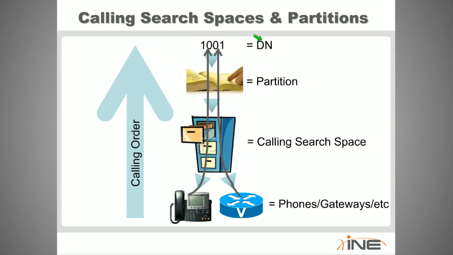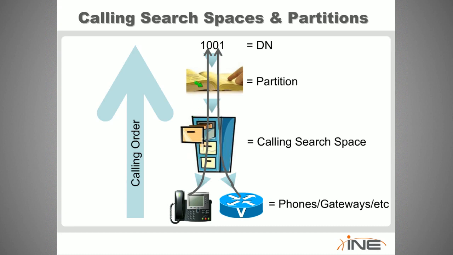Okay? So once again, I know I sound like I'm beating it into your heads, but DNs or patterns fall within partitions. Even the none partition is a specific partition. Those fall within calling search spaces, and calling parties make inbound calls. So if I pick up a phone and I pick up the handset, I am making an inbound call into CUCM.